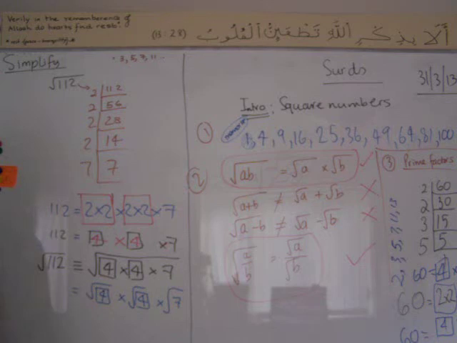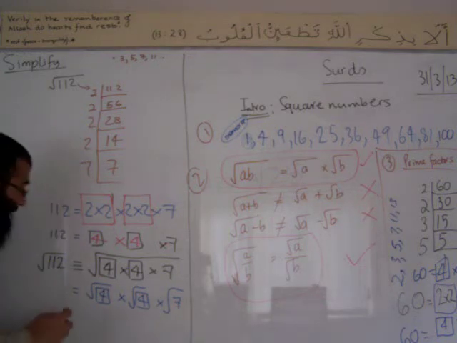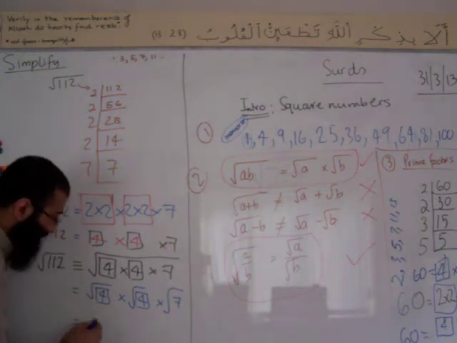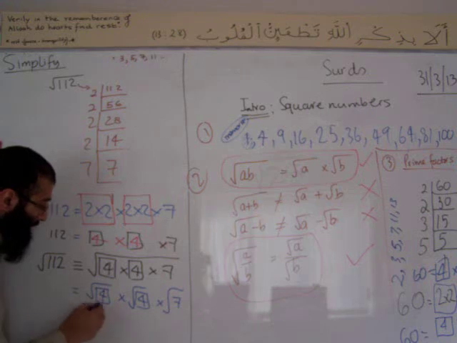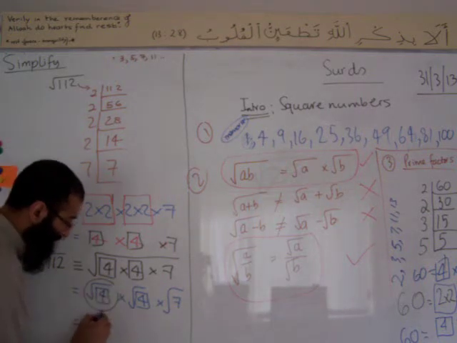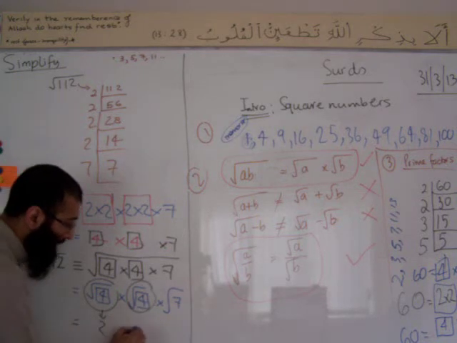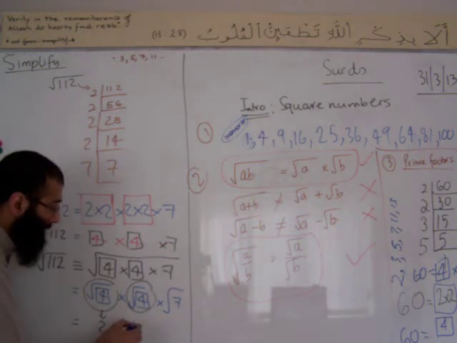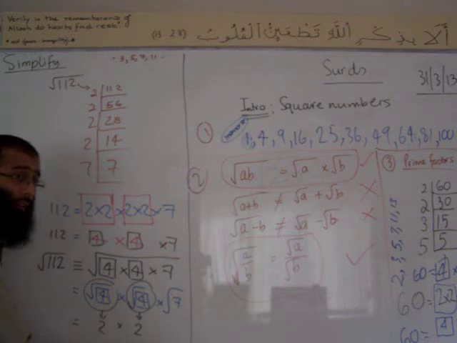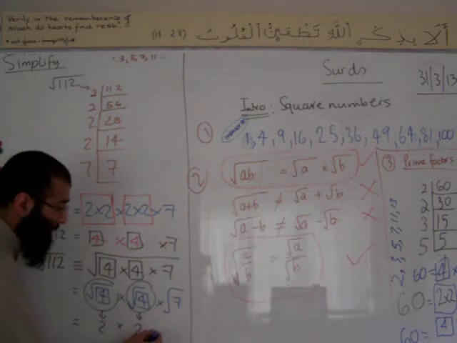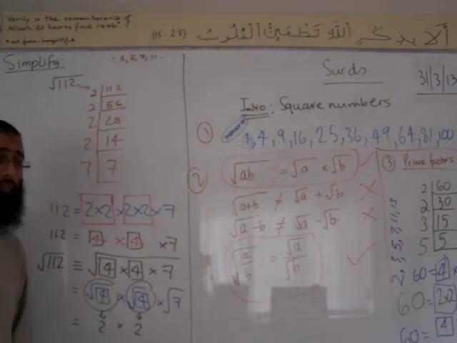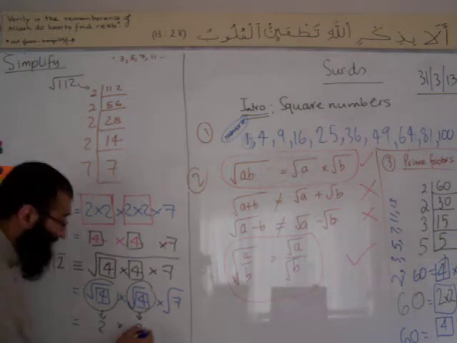Of course. So square rooting a square number. So square root of 4 will give us what answer? 2. And the square root of 4 is going to give us another 2. Samia, look over here. Square root of 7. What's square root of 7 going to simplify to, Samia? Just 7. No, square root of 7. Stay as it is.